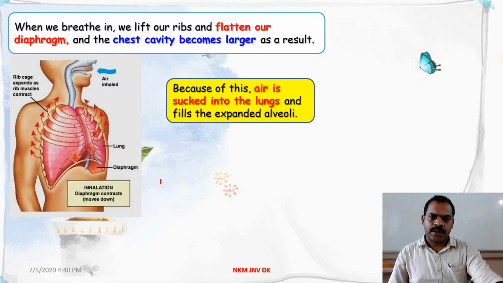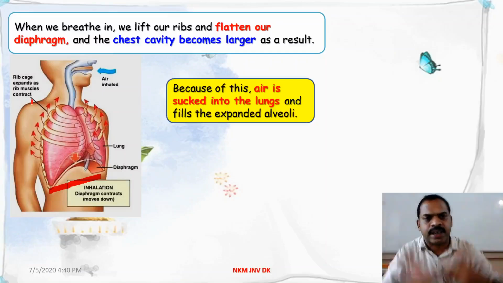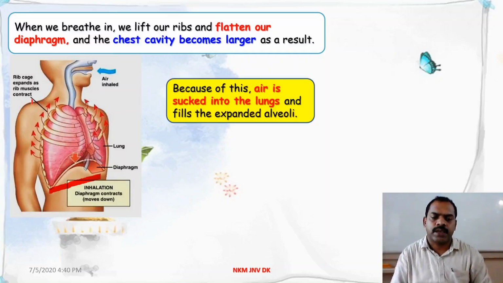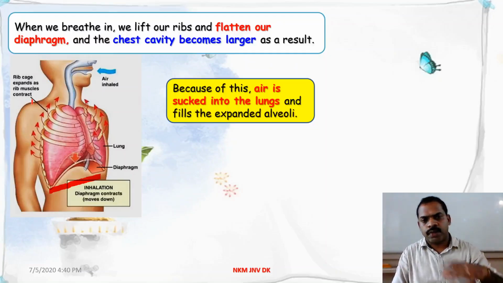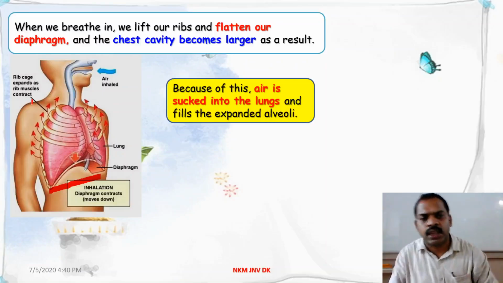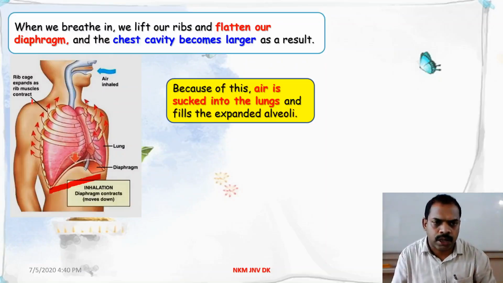Now what is happening? The diaphragm is flattening; it will become like this. The ribs go up and front, expanding. So the volume in the thoracic cavity is increasing.